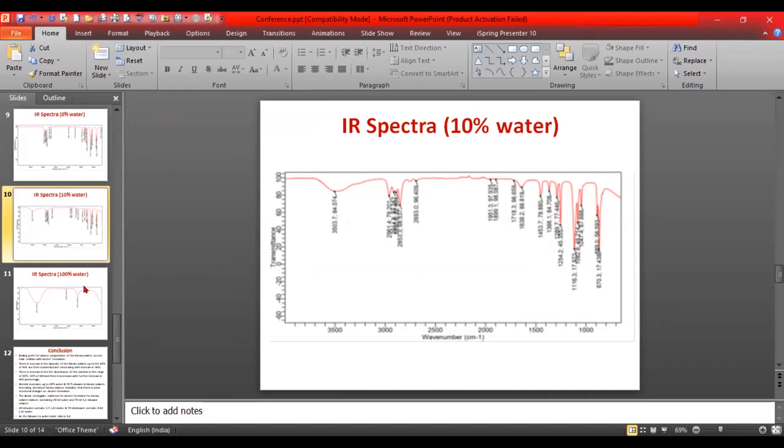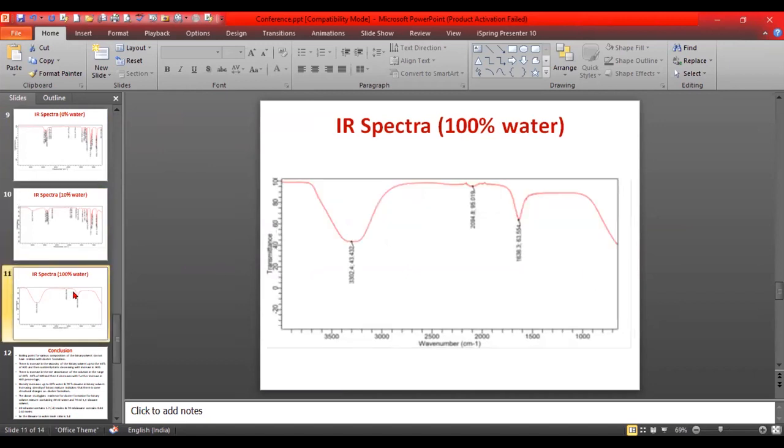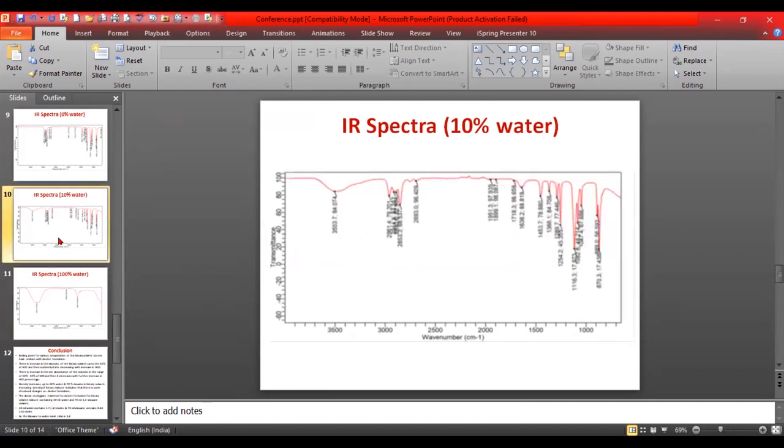Then I have shown you 100% water, where that frequency you get at 3300. Actually, it is because of hydrogen bonding. When there is hydrogen bonding, the IR frequency reduces, and when it is absent, the vibration takes place at higher energies, or IR frequencies. It is around 3500.